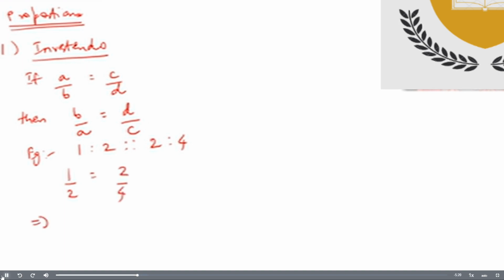With the help of invertendo, I can also conclude that 2 by 1 is equal to 4 by 2. This is the rule of invertendo. If you take the inverse, that should also be equal in case of a proportion.